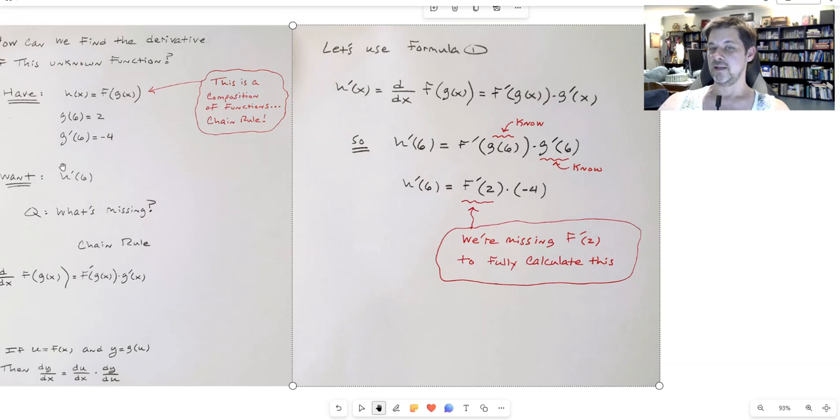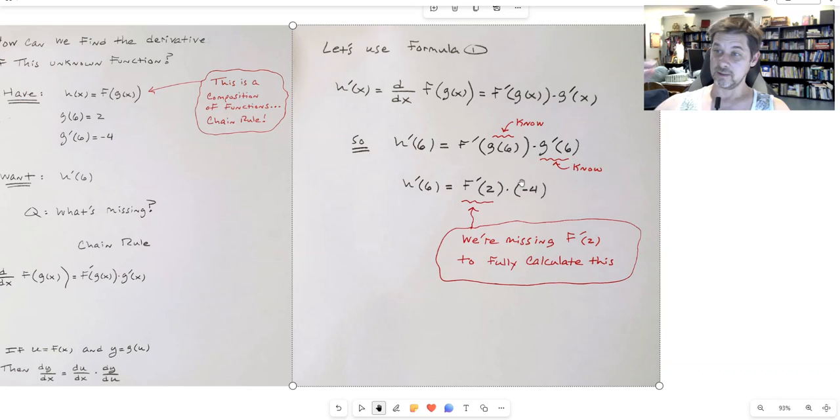If I want h prime of 6, okay, I'll put 6 in there, and I'll get f prime of g of 6 times g prime of 6. And yeah, we have some of that information. G of 6 is 2. So this says f prime of 2, whatever that is. And then this g prime of 6, so that's negative 4.